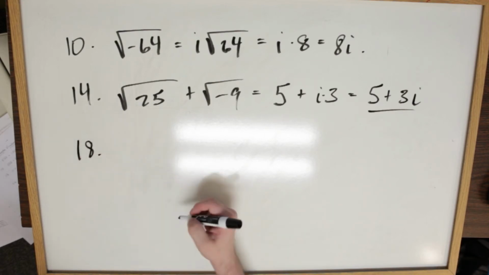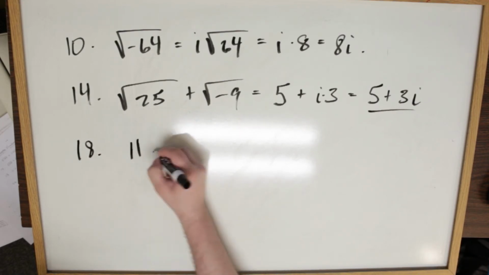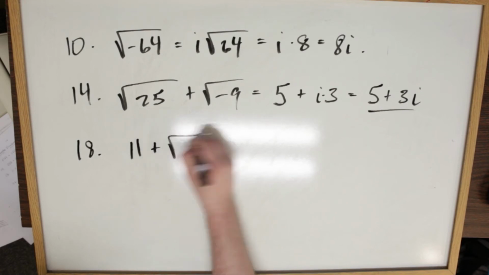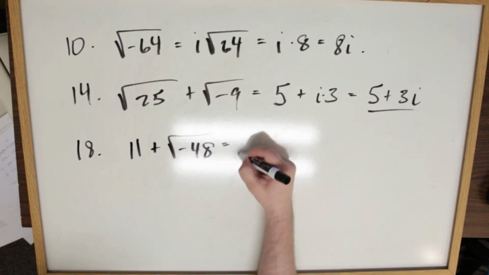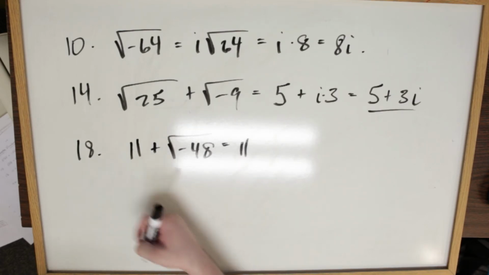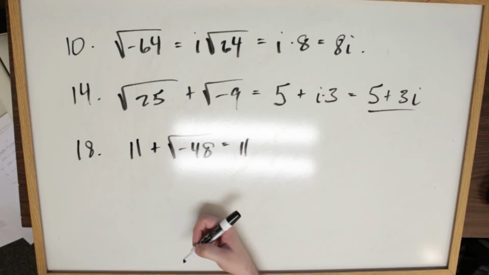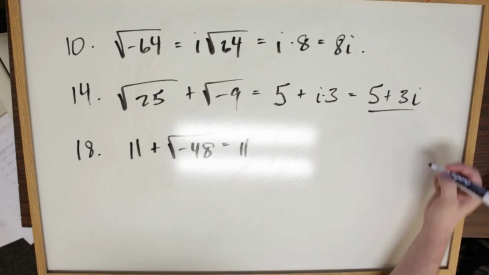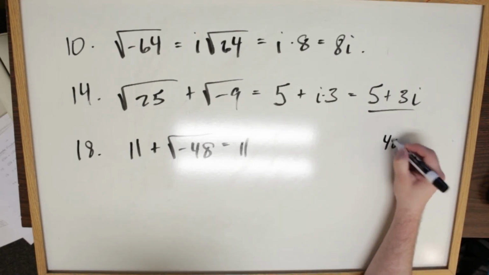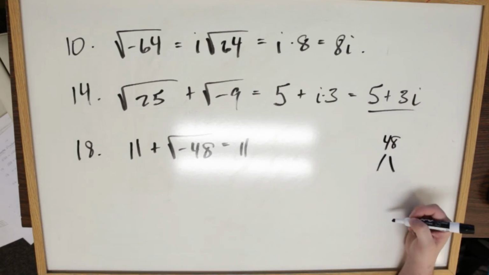All right, 18. 11 plus the square root of minus 48. Okay? So this is the same as 11. That's already done, which is great. The minus 48, this is going to be the interesting one. The suggestion I give to you is to try to break it down into factors. So, for example, let's just go here. 48. Let's see.